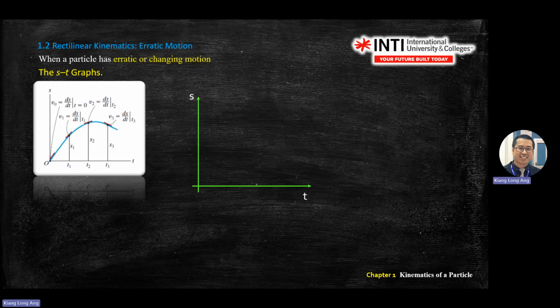The gradient dy/dx is your m. dy/dx is the gradient of the graph. So here it is ds/dt. Position, the unit is meter, time is second, so meter per second.